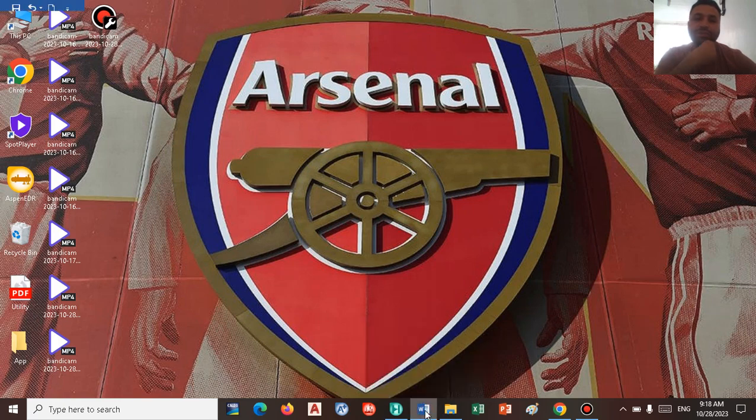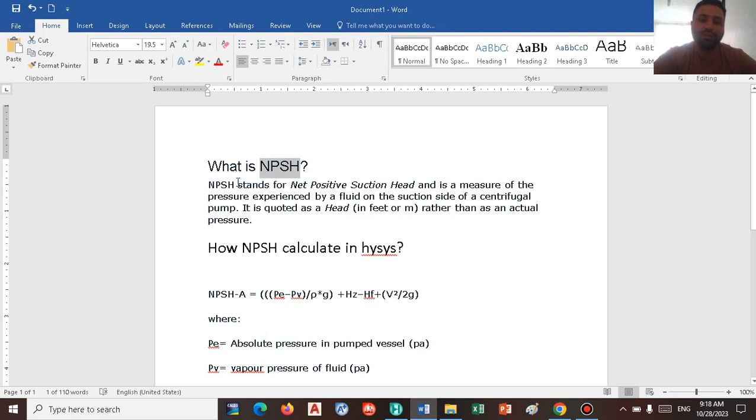So let's start the session by finding out what NPSH actually is. NPSH is the net positive suction head, a measurement of pressure experienced by a fluid. We have two ways to show the NPSH.